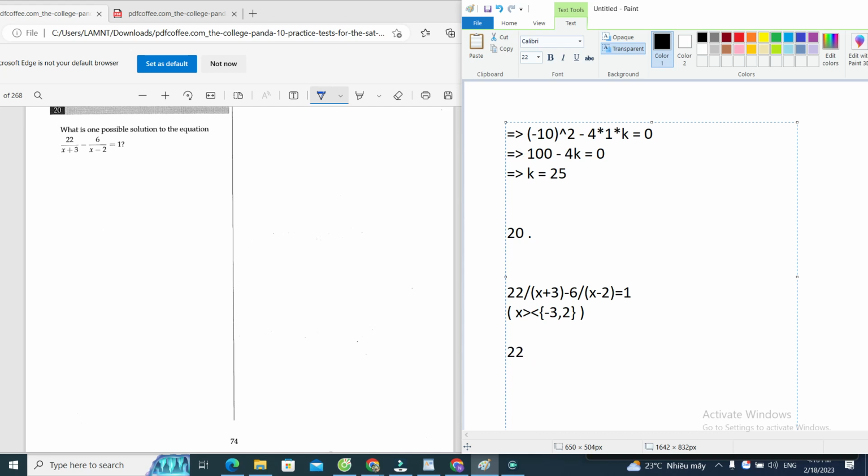So let's solve it by making the common denominator. So 22 times x minus 2 over x plus 3 times x minus 2, minus 6 times x plus 3 over x plus 3 times x minus 2, is equal to 1.